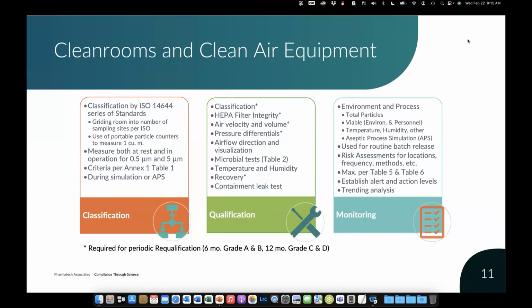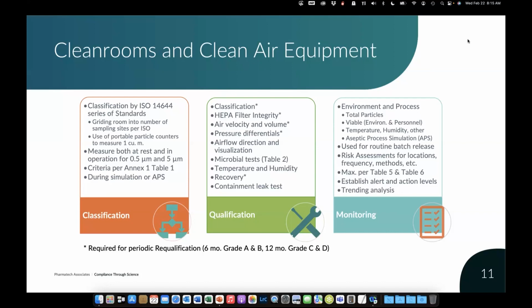Now, when we talk about qualification of a clean room, that initial qualification of the room, and of course, within the qualification of a clean room, you have to classify it. So yes, classification is now part of qualification.